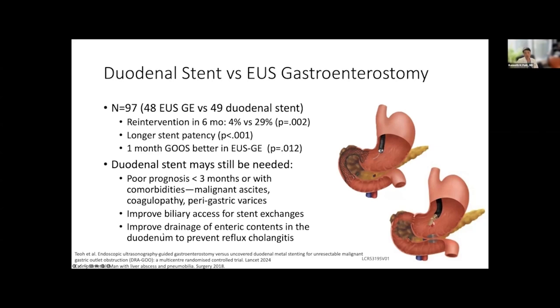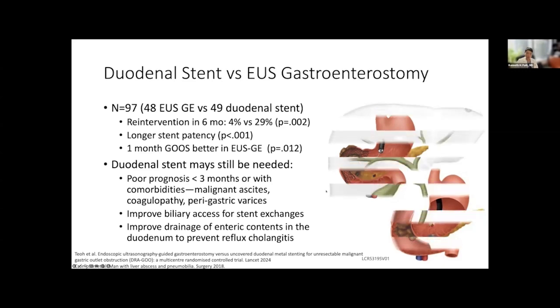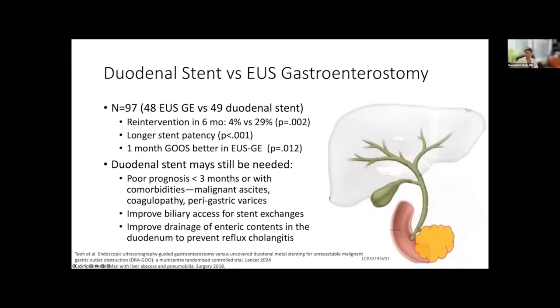And then one thing that I do want to mention, and not a lot of providers recognize, is this concept of sump syndrome. So I'll show you what I mean. So let's say this is a head cancer, and so yes, the patient has biliary obstruction. You place a metal stent. You think that's done, but then the patient comes back with recurrent ascending cholangitis. You keep sweeping out junk from the duct, and you're wondering, why does this patient keep coming back with cholangitis?